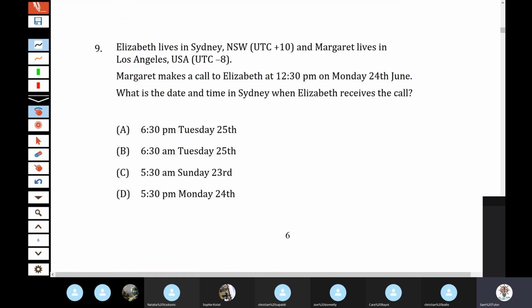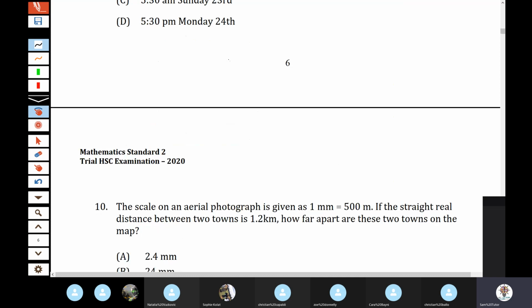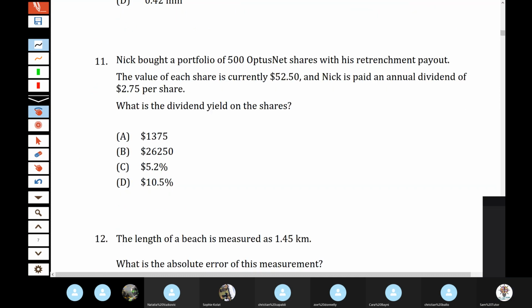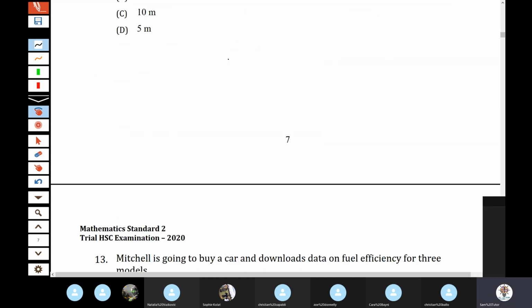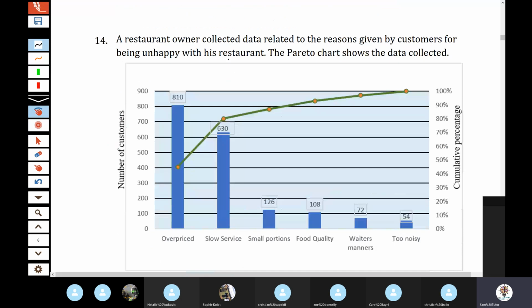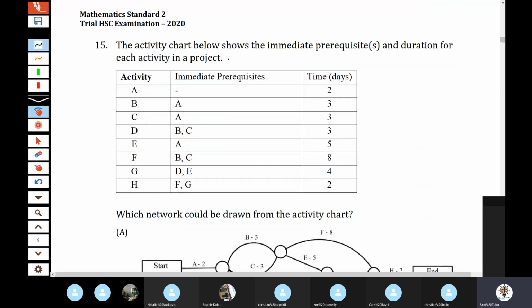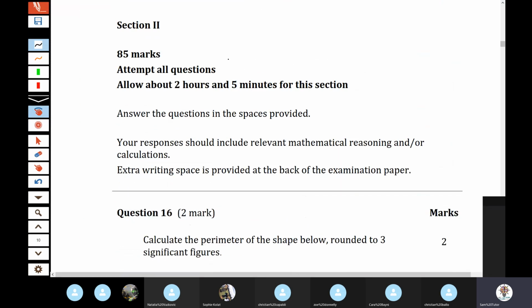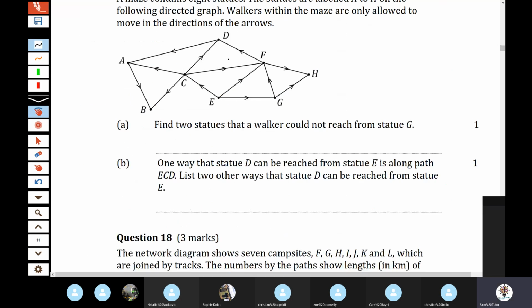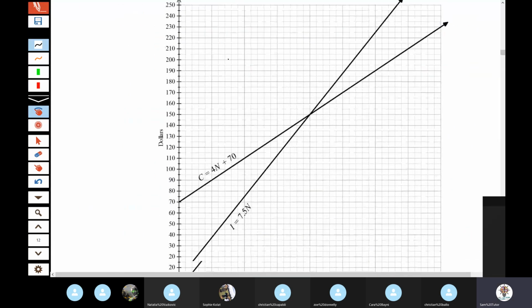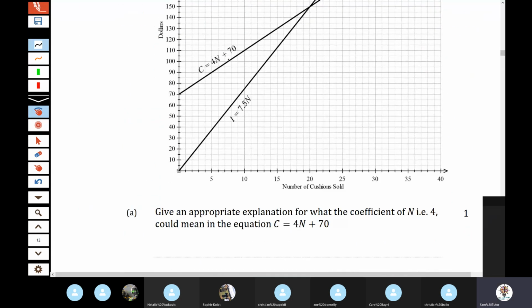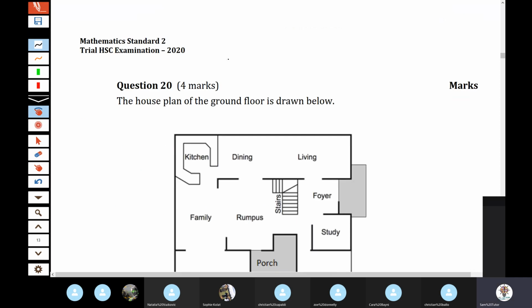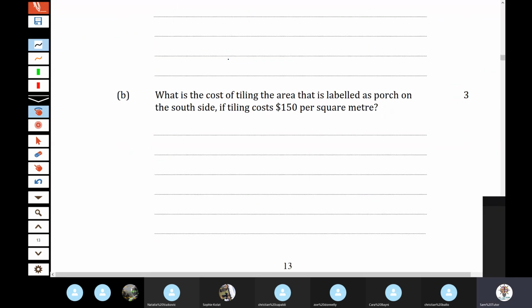That's part of depreciation. That's part of time. Dividends. Error. From year 11. That's networks. Area. Networks. Simultaneous equations, which we'll do once we do that topic.